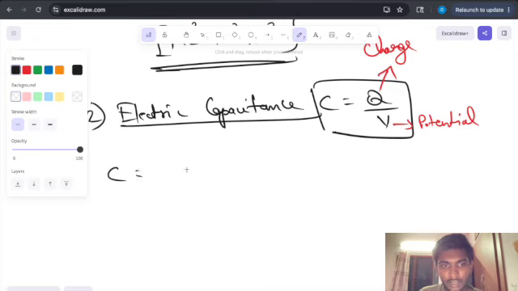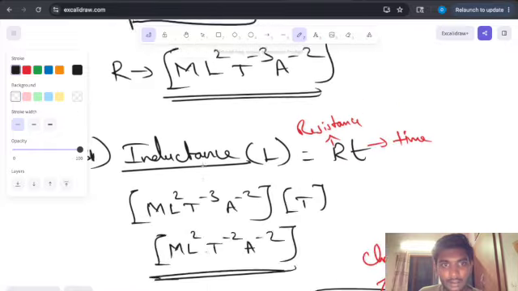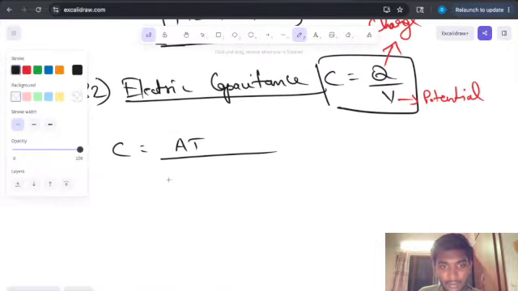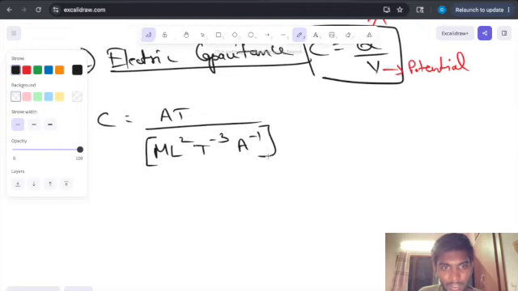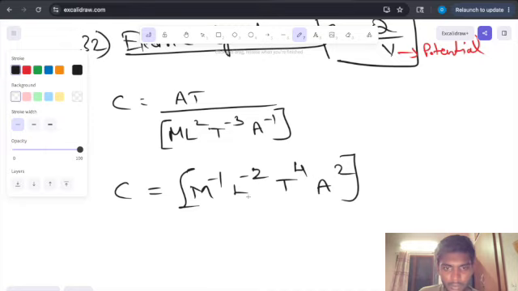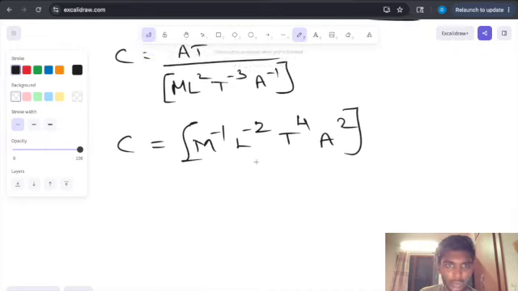Therefore, C is equal to charge, which is IT, which is AT, by potential, which is ML squared T power minus 3 A inverse. So from this I am getting the dimension of capacitance to be M inverse L to the power minus 2 T to the power 4 A squared.